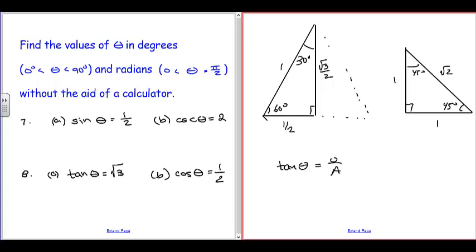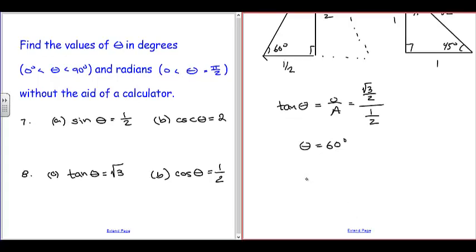Well, because we just have the square root of 3, what we need is the opposite side to be the square root of 3 over 2, and the adjacent side to be 1/2. So in this case, if this is the opposite side, then the opposite angle has to be 60 degrees. And the adjacent side is 1/2, so it still has to be 60 degrees. So theta equals 60 degrees.